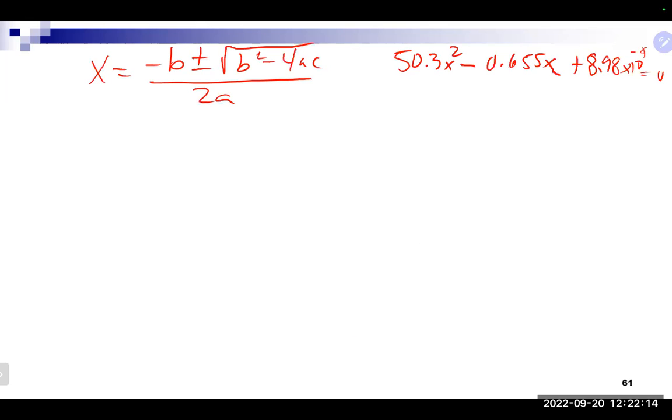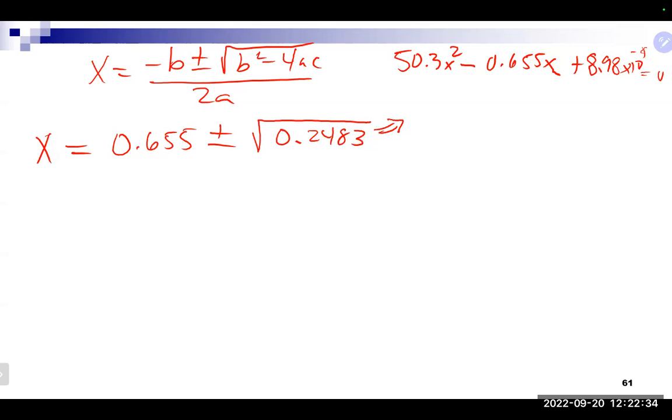Okay, so we'll put our numbers in. This is going to give us x is equal to minus b, which would be 0.655 plus or minus. When you put everything in the square root, before you take the square root, you got something like 0.2483.